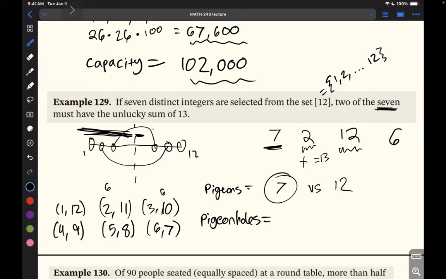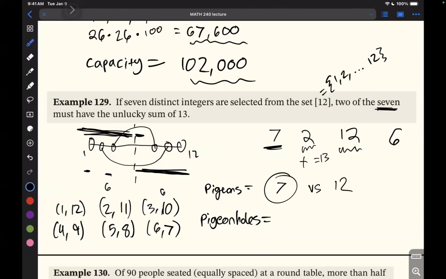If I pick all of 7 to 12, none of those are small enough to add to sum to 13. But since I pick 7 numbers, if I pick 1, then that will add with 12 to 13. If I had picked 3, that would sum with 10 to 13. Right?